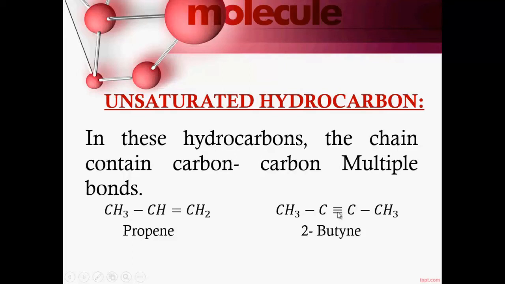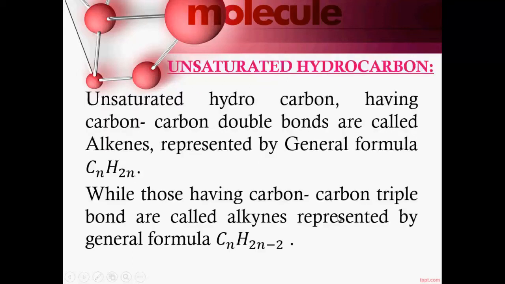So they have a multiple bond. Unsaturated hydrocarbons having carbon-carbon double bonds are called alkenes, represented by the general formula CnH2n, while those having carbon-carbon triple bonds are called alkynes, represented by the general formula CnH2n-2.